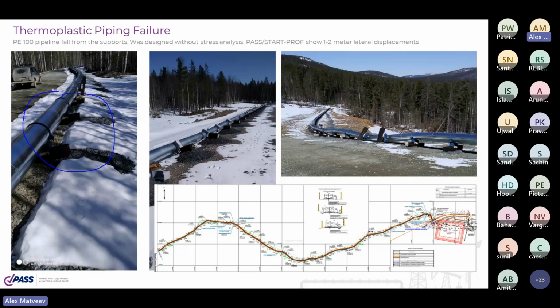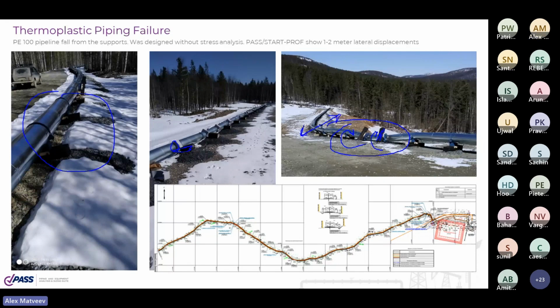As you can see, it was on that type of simple supports, and those supports were not designed to withstand so great lateral displacements, so it turned over. As you can see, this is the support. It turned over at some locations, and the sad thing is that those supports are moving depending on the outside temperature.